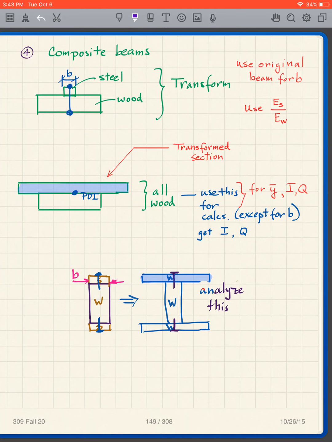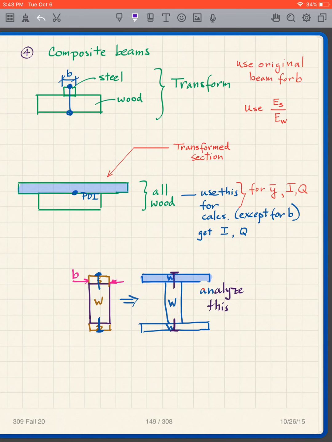What I've done with my transformed section is that I've made my all-wood beam. Now remember, we always have to do a little modification. We're going to analyze the all-wood, but we have to keep in mind that the original looks like this.